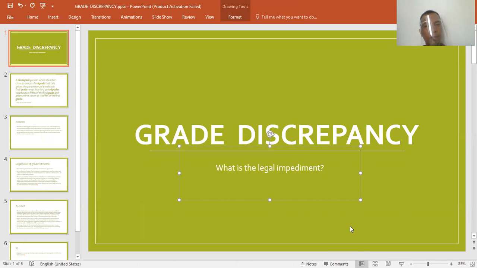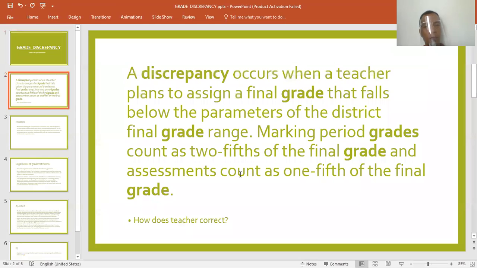Now let us have first the simple definition of when you say discrepancy. A discrepancy occurs when a teacher plans to assign a final grade that falls below the parameters of the strict final grade range.